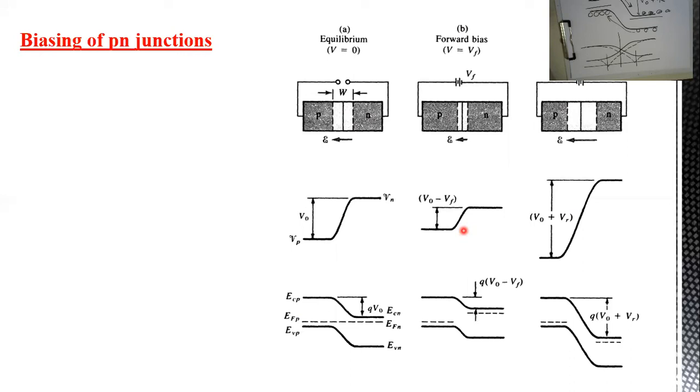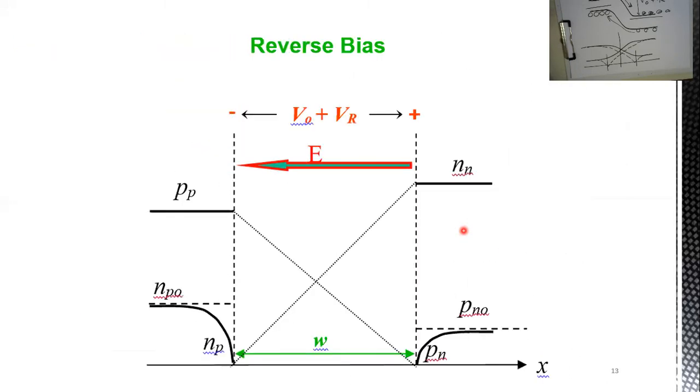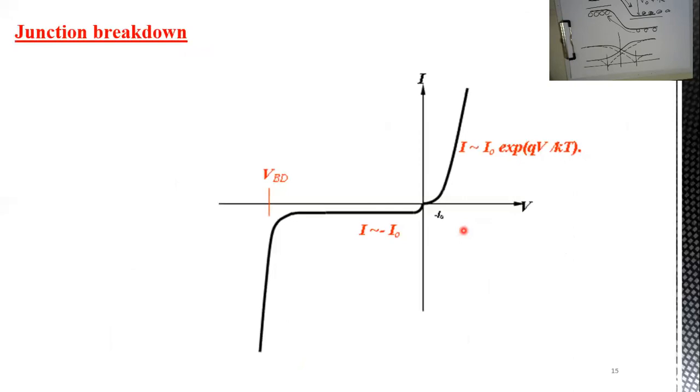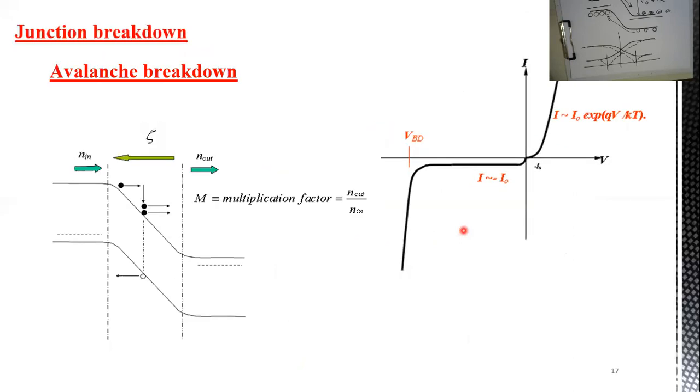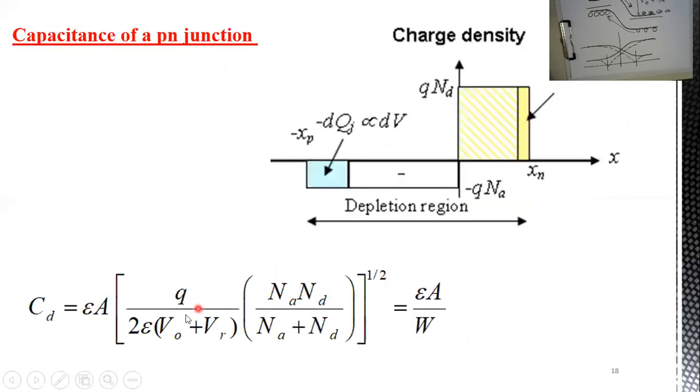We don't have a capacitance, except of course for the region from 0 to V naught as a forward bias. However, the capacitance effect is significant in the reverse condition. That's why in this equation, I substitute with the reverse condition instead of the forward, because this is the condition where the capacitance is significant.